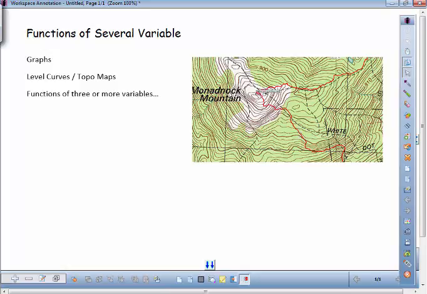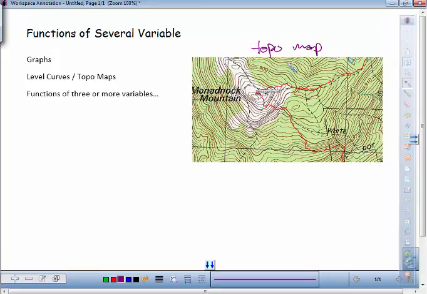Let's take a look at a map that looks like this. And what you have here, generally for topographical maps, is a bunch of curves, and if we're talking about a mountainous type of terrain, they would generally be closed curves, so curves that end up closing on themselves, that have a given height of something.